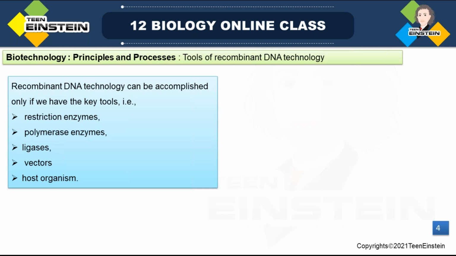On that point, this enzyme cuts the double-stranded DNA. Okay, that is the role of restriction enzyme. First, it will identify the specific recognition site, and on that site, this enzyme cuts the double-stranded DNA.